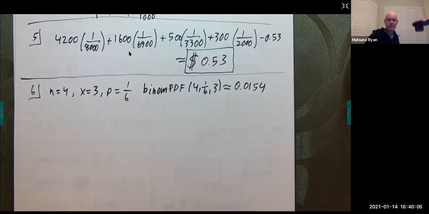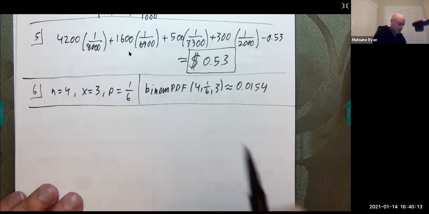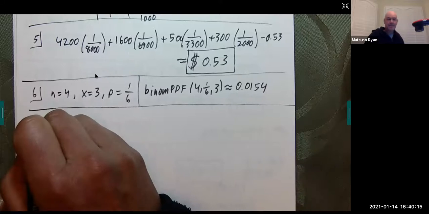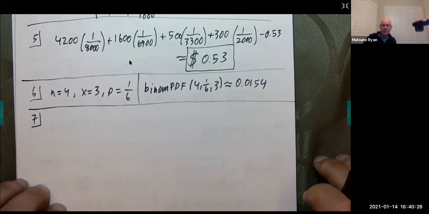So that's how you use that. So let's move on to number 7. Number 7 says, a test consists of 10 true-false questions.